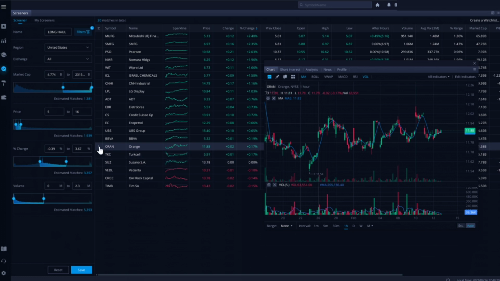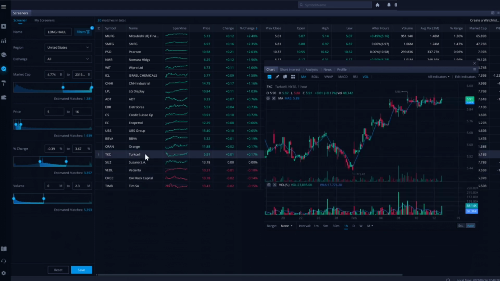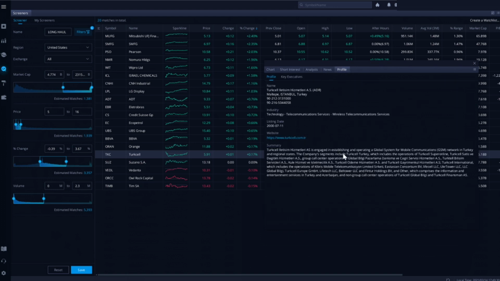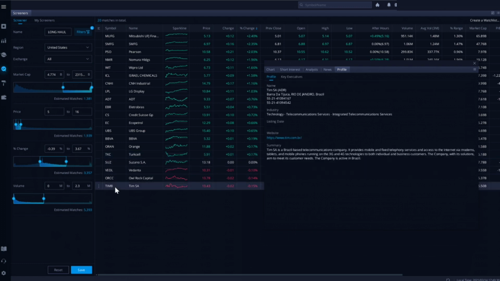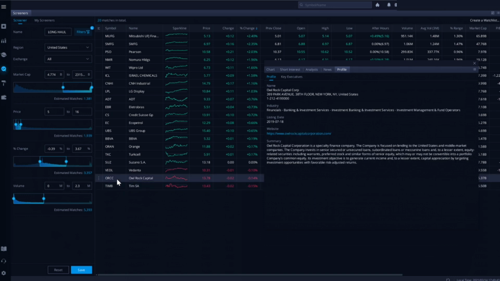I'm going to put them on the list, actually. I want to check where they're at with their 5G. Turkcell. Yeah, it's a phone company. What is this? Owl Rock.